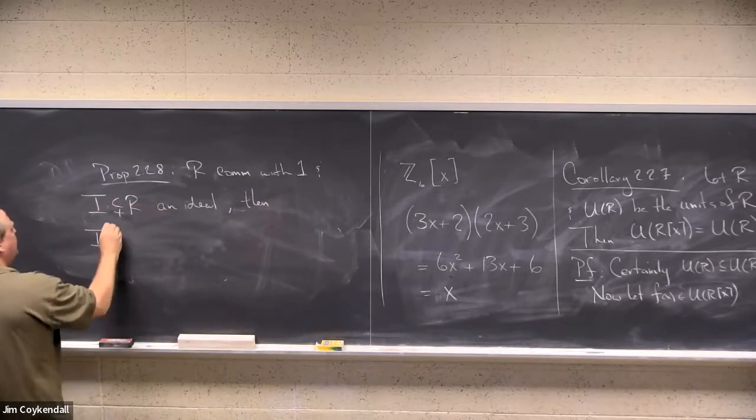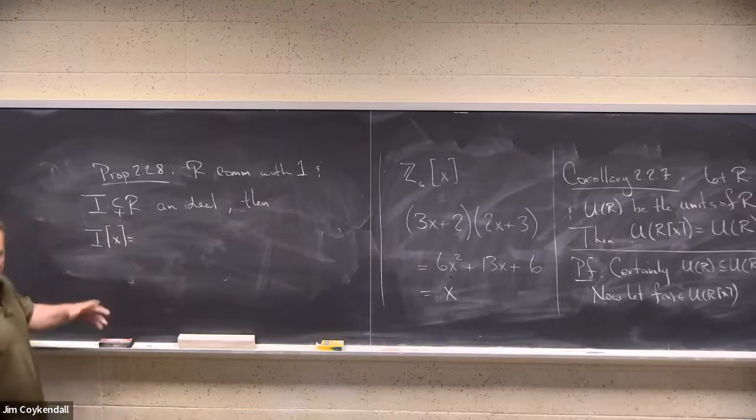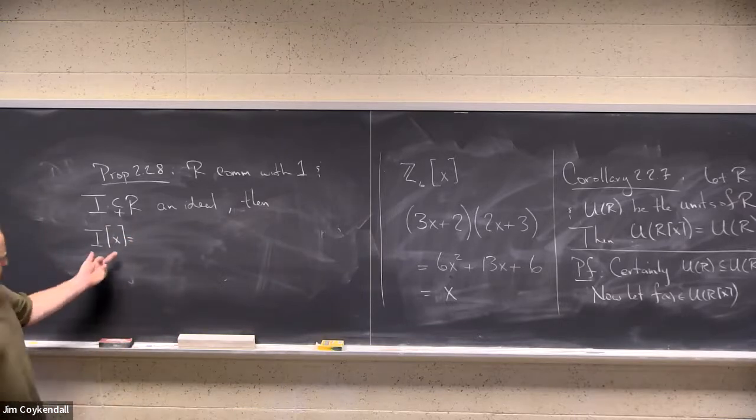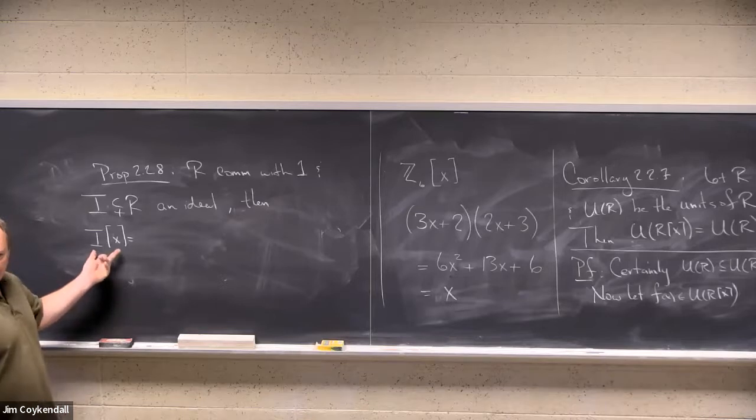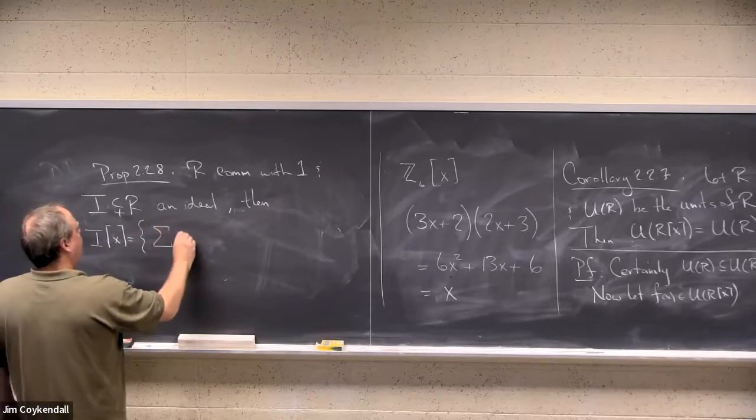I think this notation is pretty suggestive, but I'll write this out anyway. What do I mean by I[x]? I steal the notation from polynomials. This is just polynomials where all the coefficients are in I. So it looks like this.